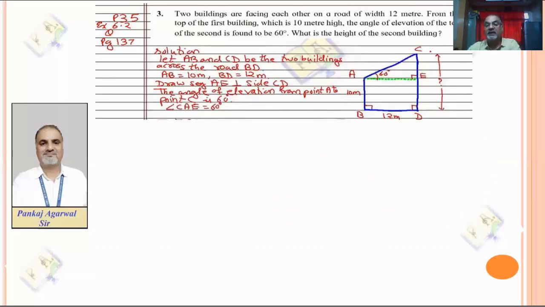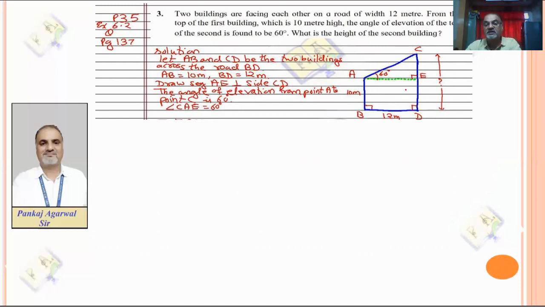Let AB and CD be the two buildings across the road BD. AB is 10 meter, okay, and BD is 12 meter. Draw segment AE, horizontal line of vision, perpendicular to side CD. The angle of elevation from point A to point C is 60 degree. Therefore, angle CAE is 60 degree.